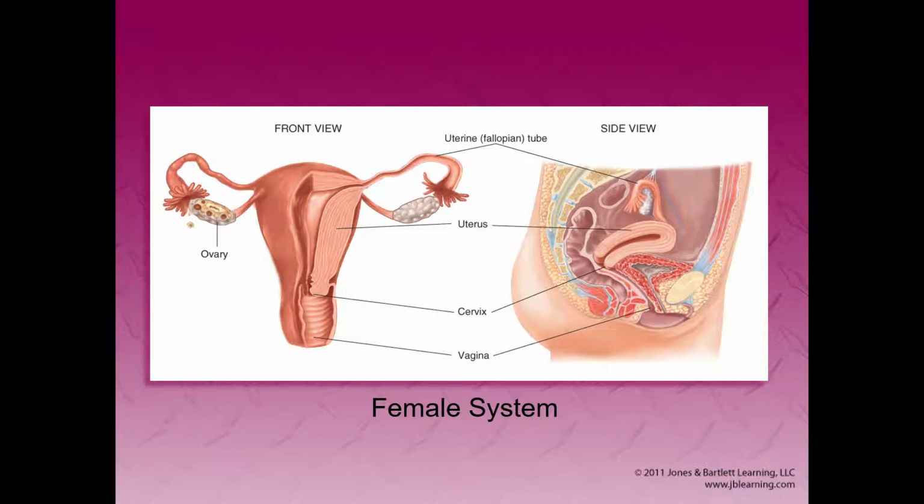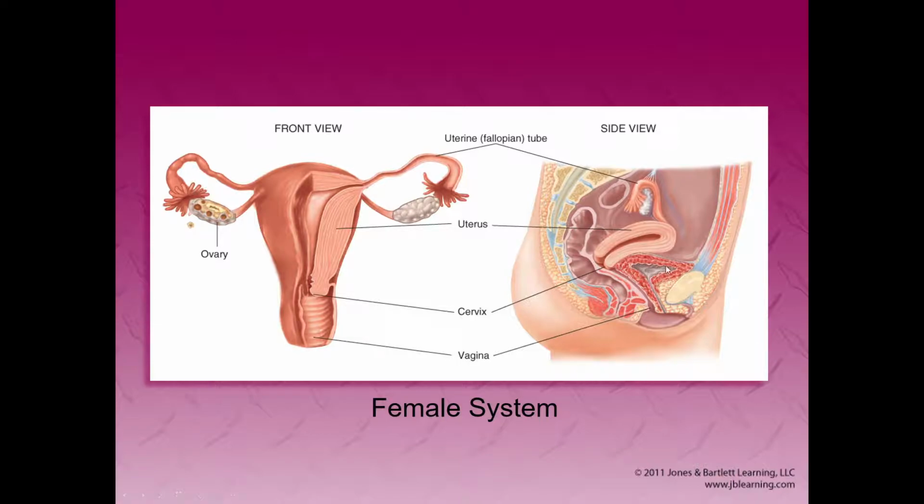And then the uterus, the whole point is to prepare for receiving a fertilized egg and growing a fetus. You have the cervix, and then the vagina, which is the sex organ itself of the female.